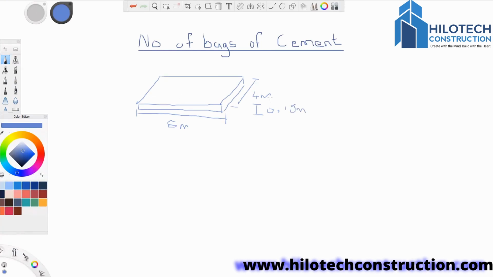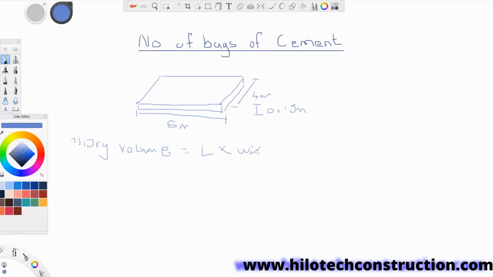So we need the volume of the slab, and that volume is what we call the dry volume, because this is what you are going to have after you have done the pouring. The dry volume is denoted by the formula length multiplied by width multiplied by height.